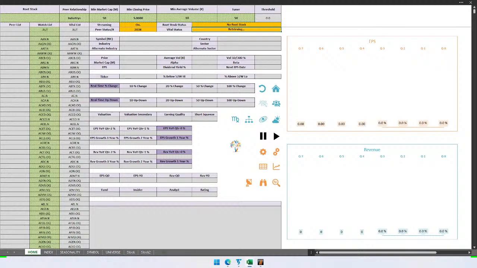Let us give it a few seconds to retrieve data for so many stocks, 2000 plus stocks.